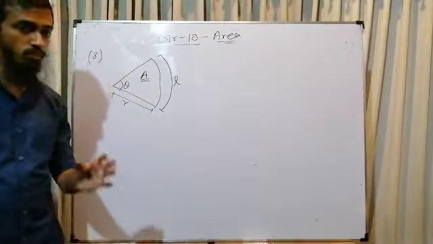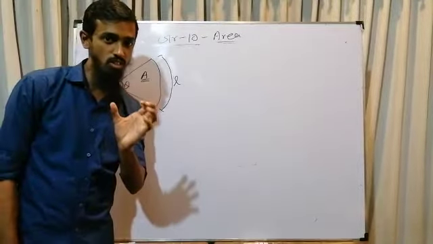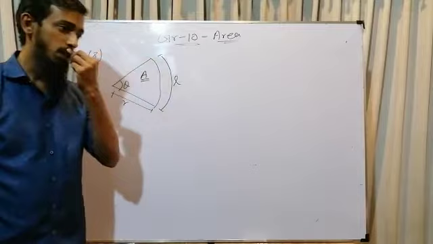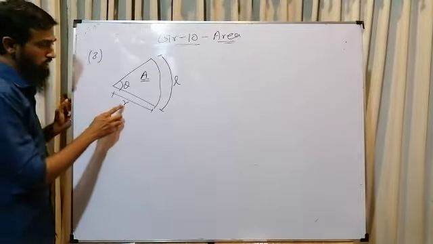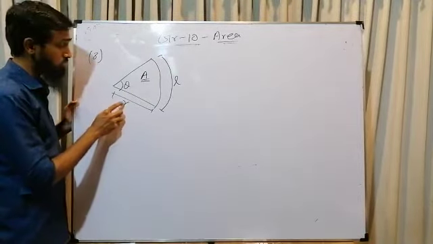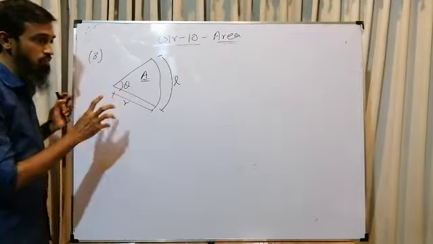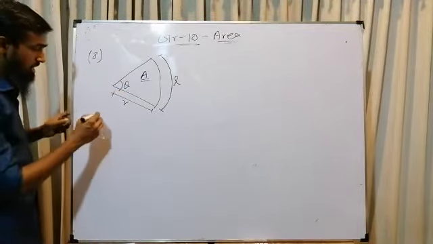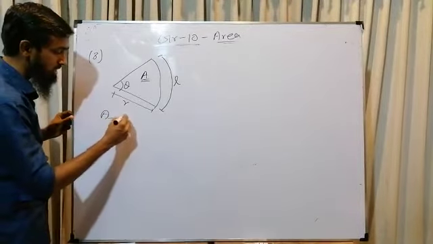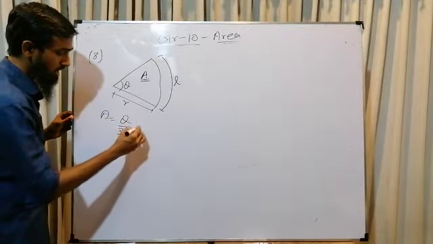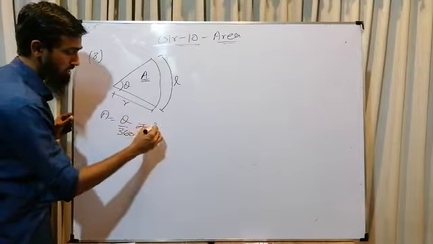Okay, so if you check deeply, we have radius r, and we have the given center angle theta. If you think deeply, area is related to theta and radius.